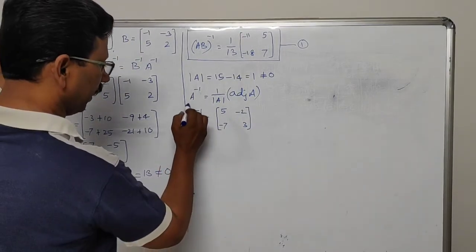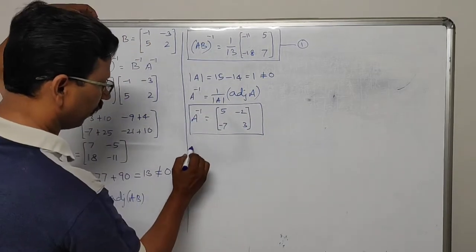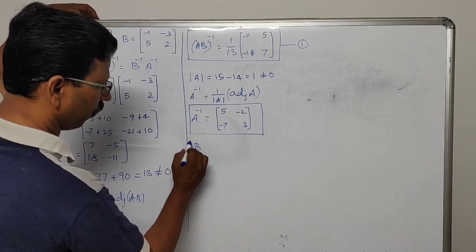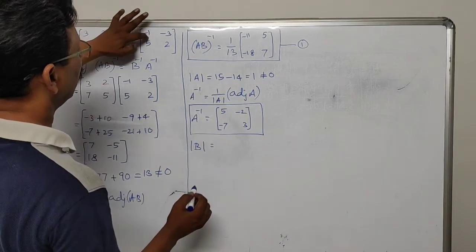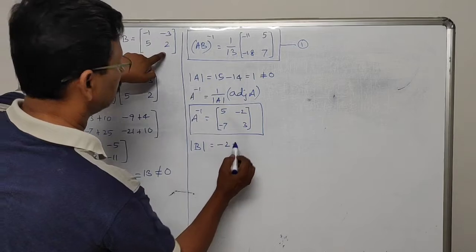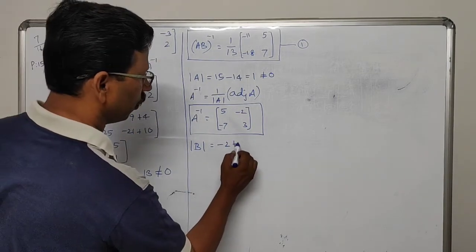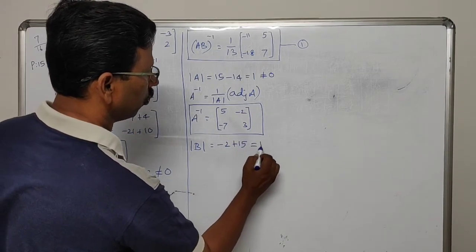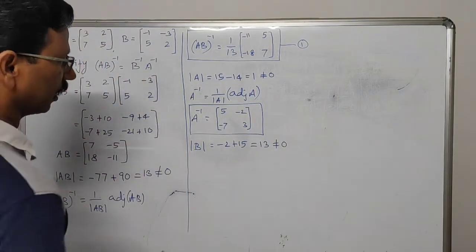Then after finding A inverse, we need to find B inverse. To find B inverse we need to find determinant B. Determinant B is minus 2, then minus 5 into minus 3 is minus 15, minus of minus 15 gives plus 15, which is equal to 13. This is also not equal to 0. Hence B inverse exists.